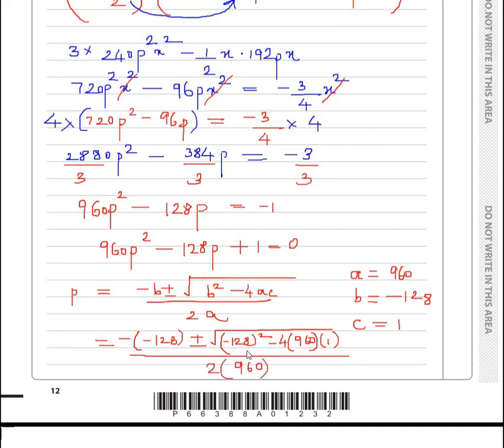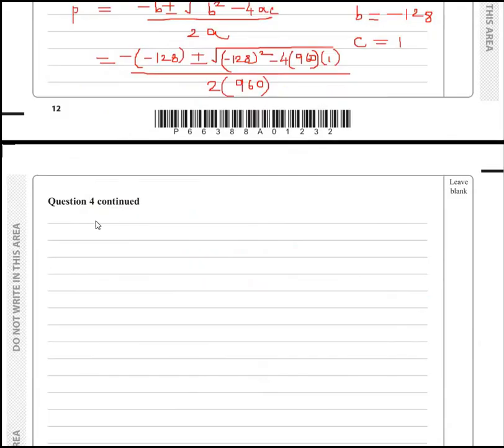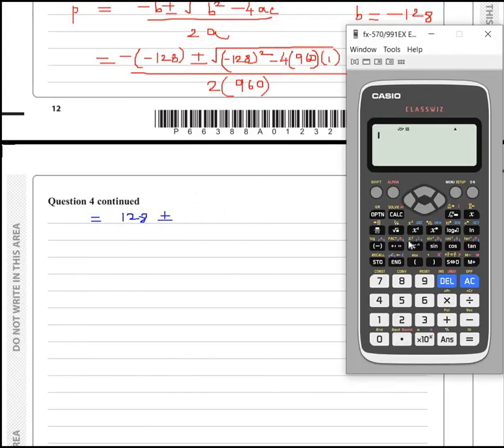So let us solve this now. So minus of minus 128 becomes plus 128 plus minus. Now let us see what is the square root of this entire term. So we take it as square root of, put a bracket, minus 128 square minus, put a bracket again, 4 into 960 into 1.